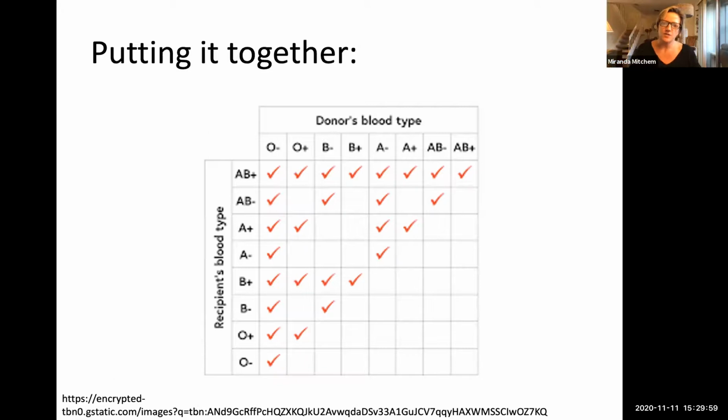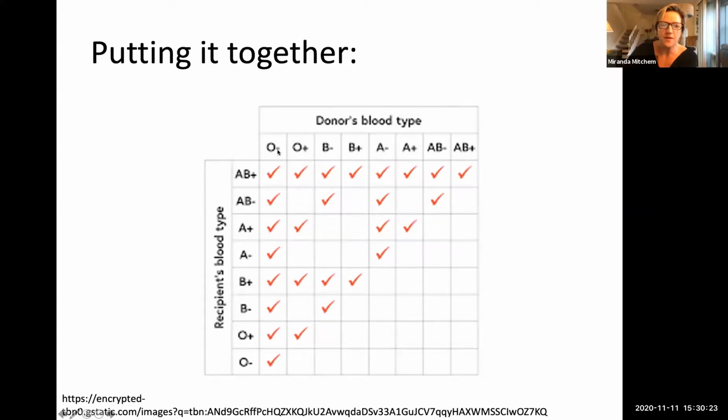So this is just another way of showing you who can give and who can receive based on blood typing. A person that is O negative recipient can get blood from all of these options. So you can go through and read it.